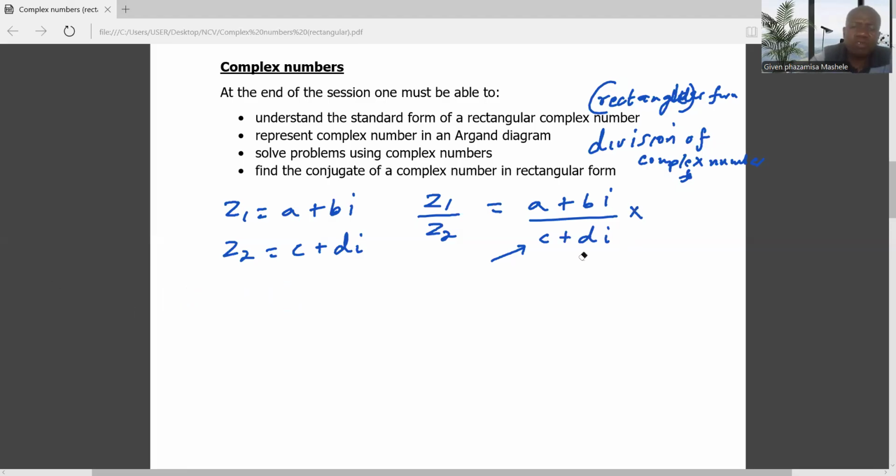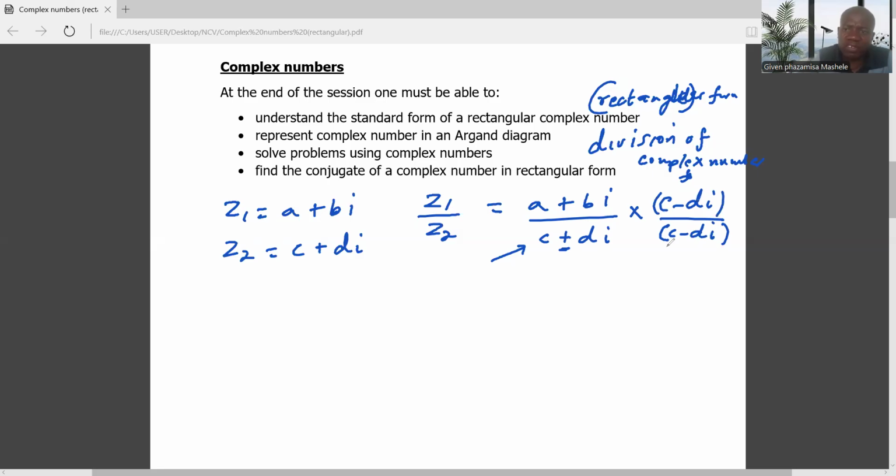And to do that, we need to multiply by the conjugate of this denominator. And by so doing, we are going to do this. Remember, if you are multiplying here, we have to put the conjugate of this, which is c minus di. So obviously, even there you must put c minus di.